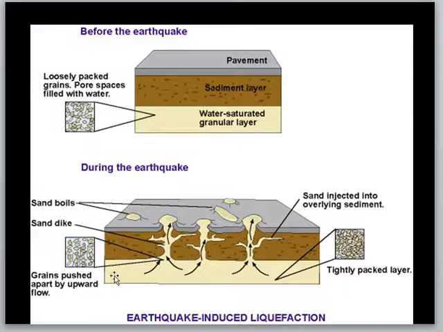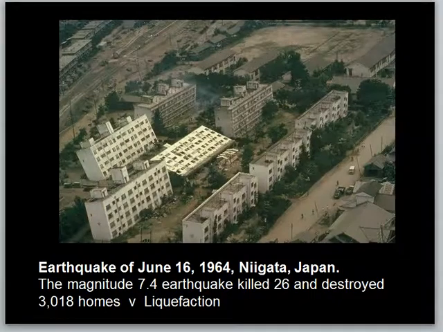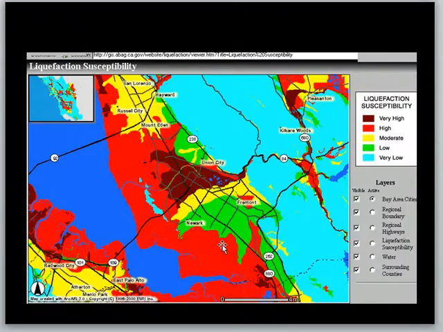Here's an example of soil being pushed up because it was suspended or liquefied. Here's an example of some apartments in Japan that were on soft sediment or fill sediment, and as a result of ground shaking, they just lost their footing and tipped. It's kind of a frightening image.